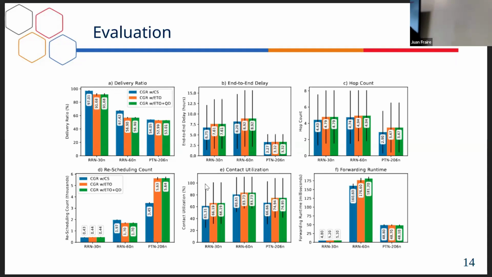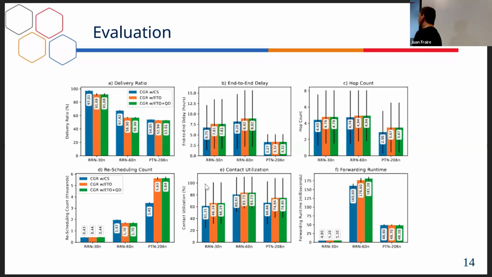What could also be mentioned for this aspect is that the forwarding runtime does not exclude the simulation overhead. So if the volume management is more efficient, you might have fewer transmissions, so that could also impact the results here.